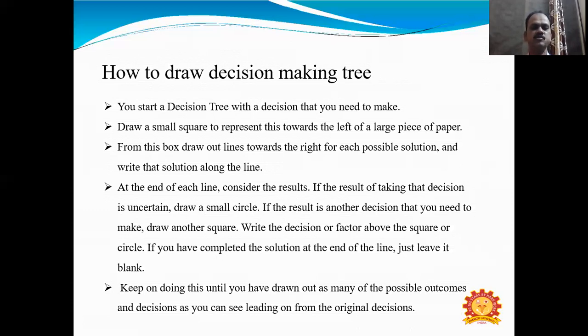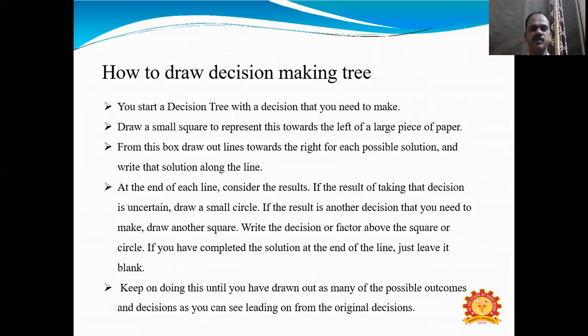Draw a small square to represent this towards the left of a large piece of paper. From this box, draw lines towards the right for each possible solution and write the solution along the line. At the end of each line, consider the result.